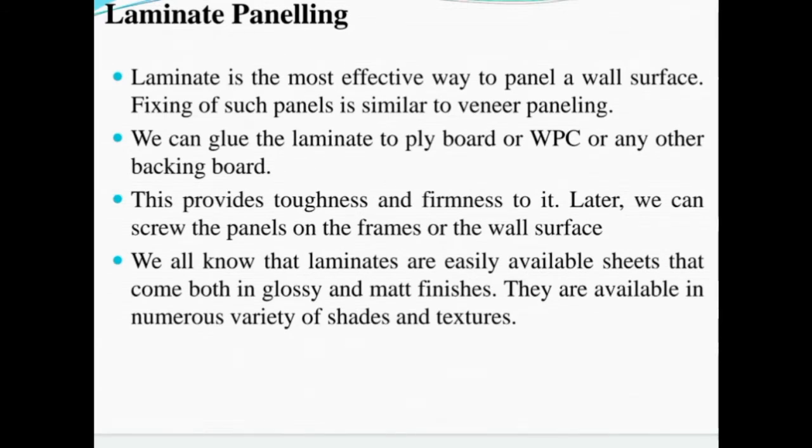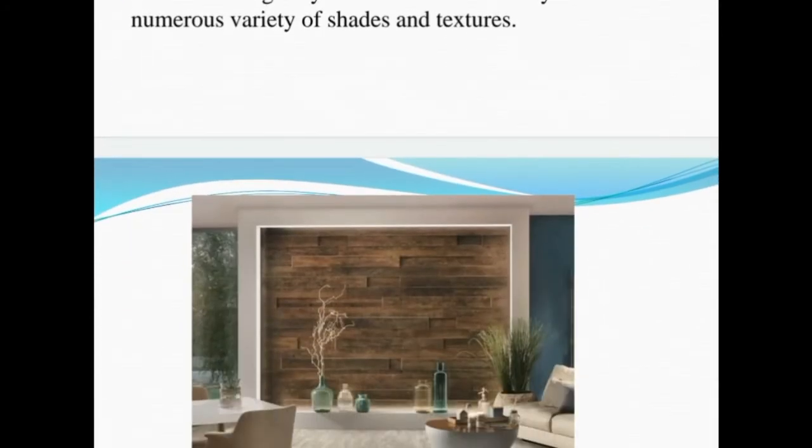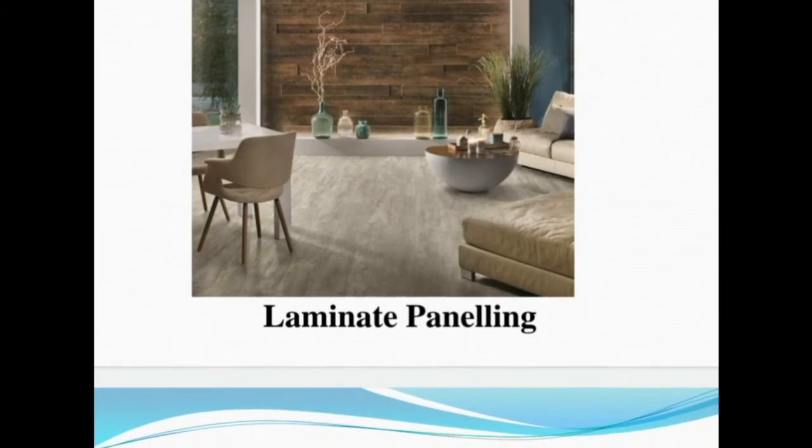As we all know, laminates are easily available in sheets with both glossy and matte finishes, and they are available in numerous shades and textures and sizes. This is the typical representation of the laminate paneling which is used in the construction.